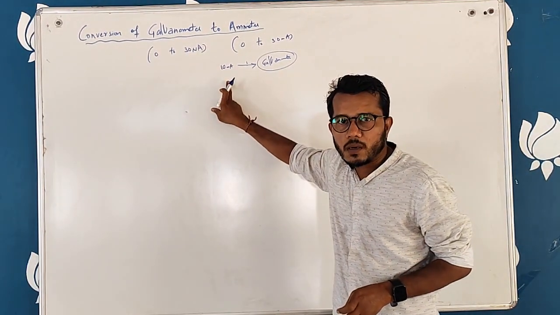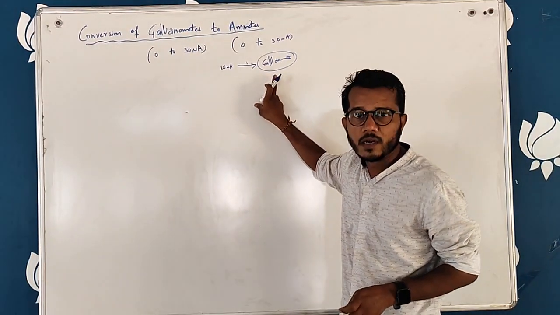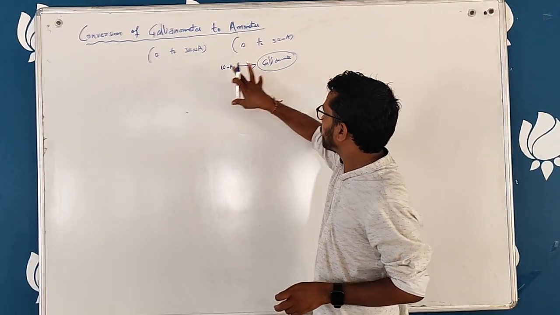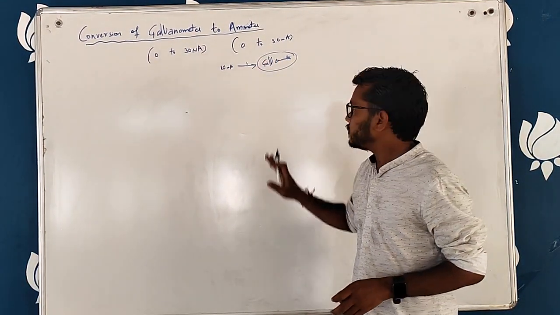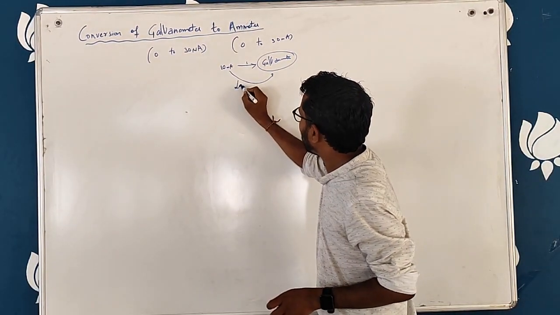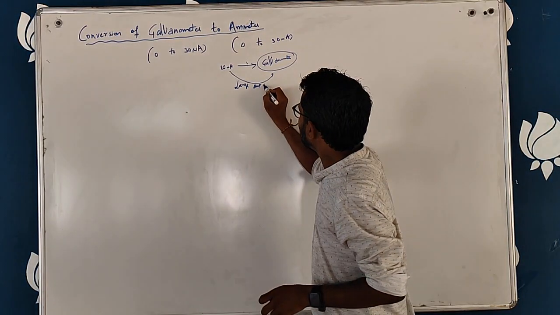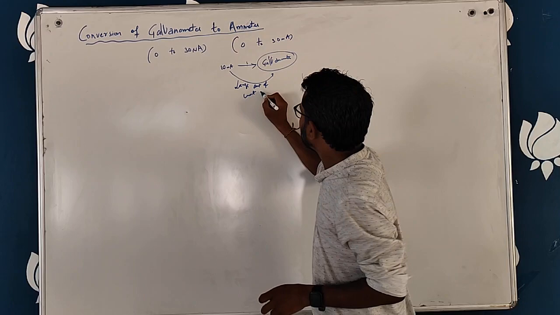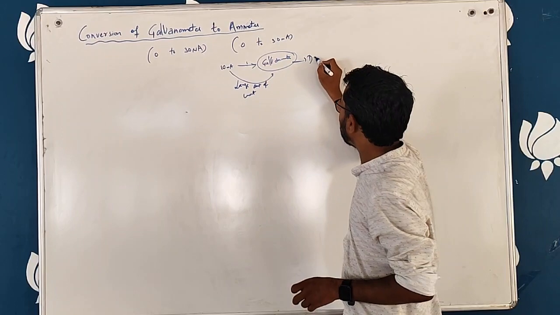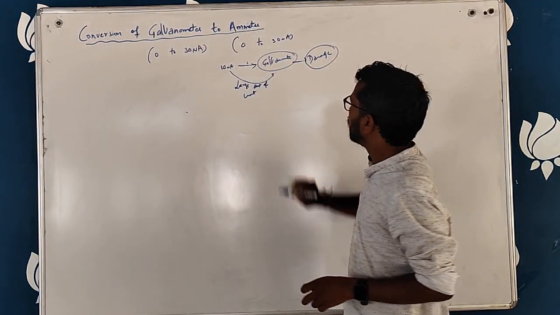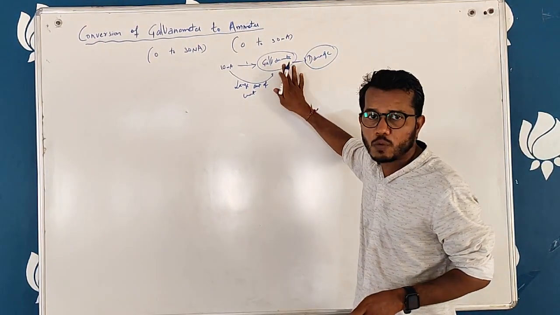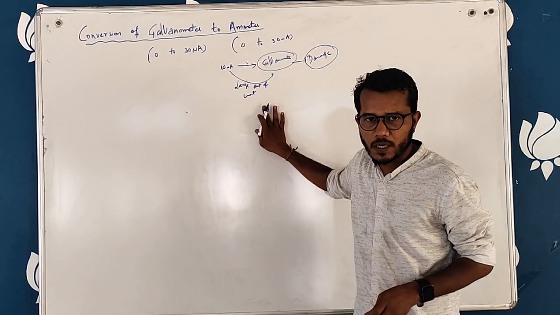Because of this, the galvanometer may get damaged, so we can't measure the ammeter reading directly with the galvanometer. We are supplying an excess amount of current to the galvanometer, and because of that it may get damaged. So without damaging the galvanometer, we have to convert it into an ammeter.